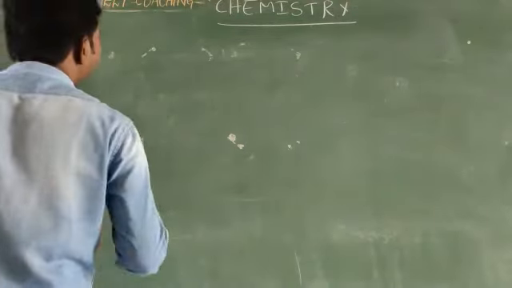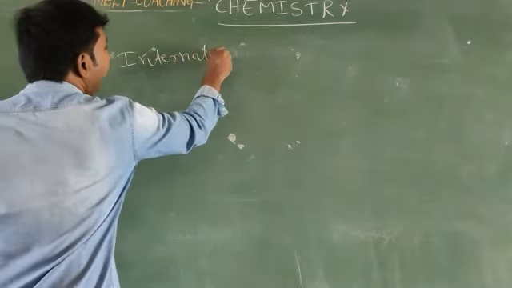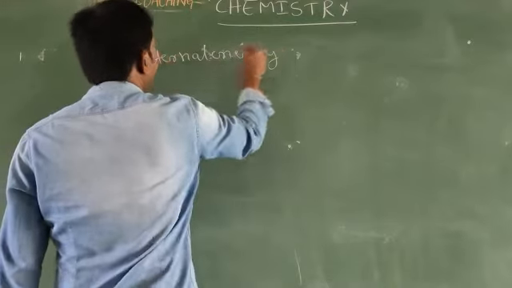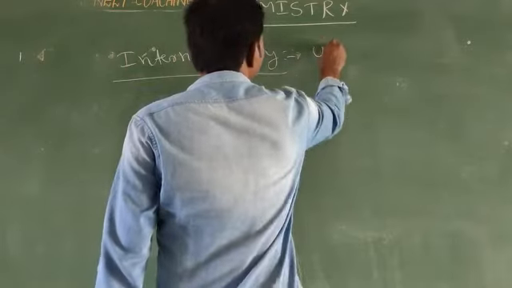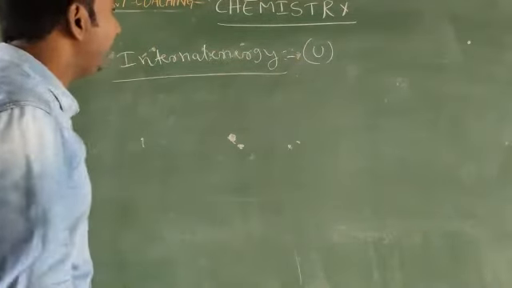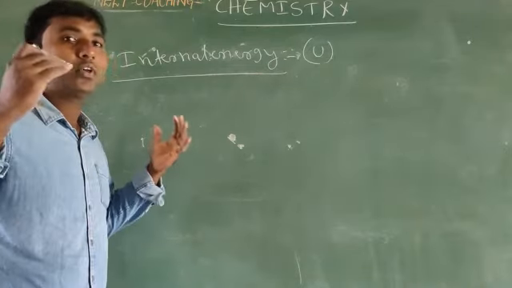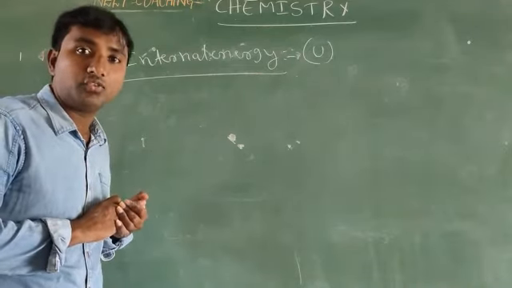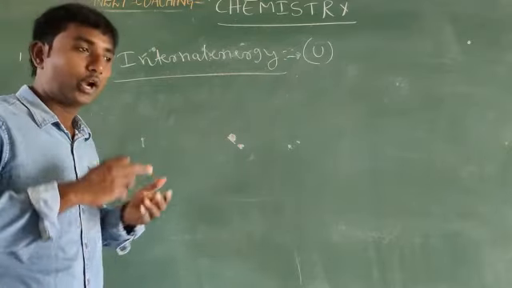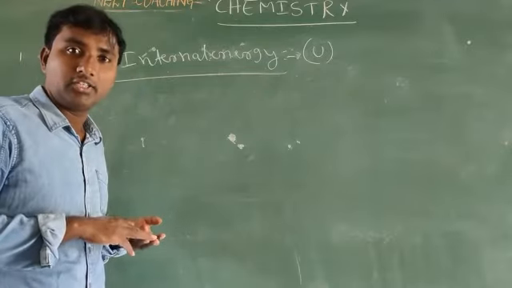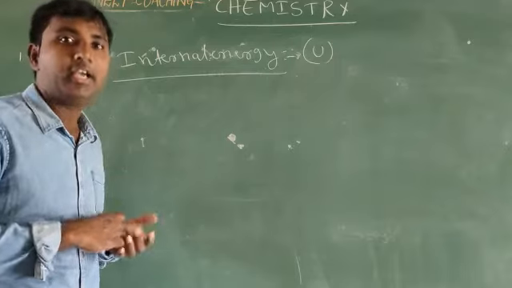Right. Next one, internal energy, U. What is the internal energy? Internal energy we define as the sum of the energies associated with its atoms or molecules: translational energy, rotational energy, electronic energy, vibrational energy, nuclear energy, like that.